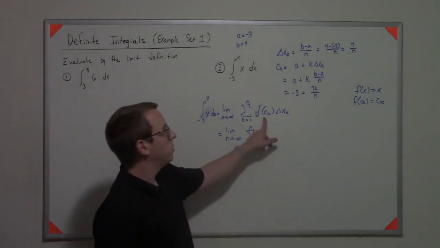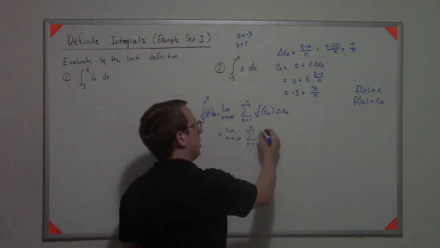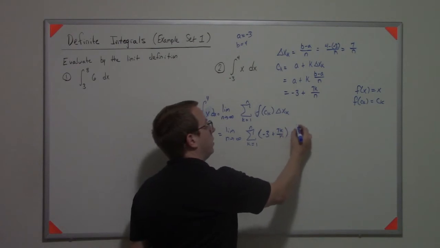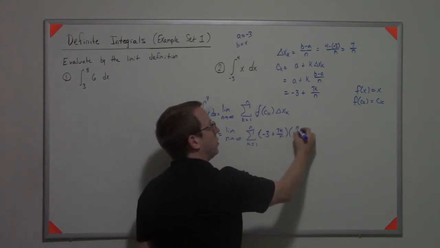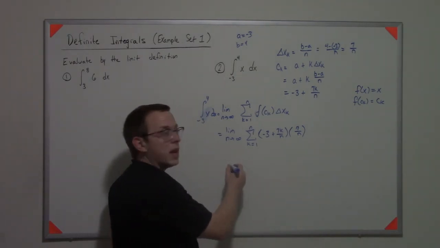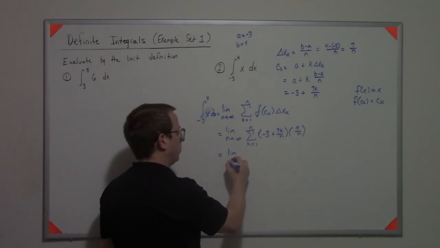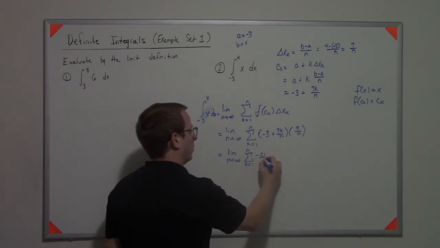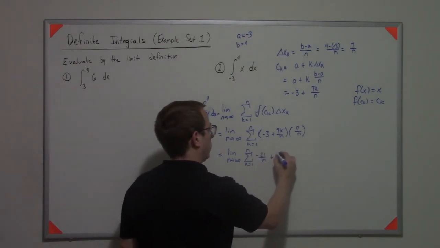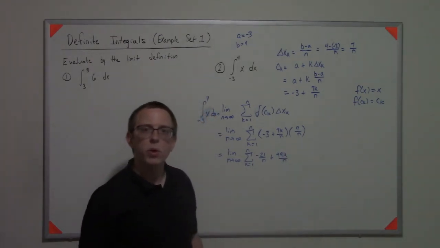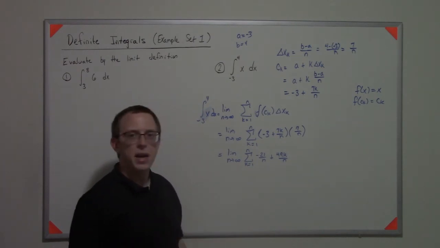That gives us just whatever ck was, which is negative 3 plus 7k over n times delta xk, which is 7 over n. If we multiply this out, we get negative 21 over n plus 49k over n.